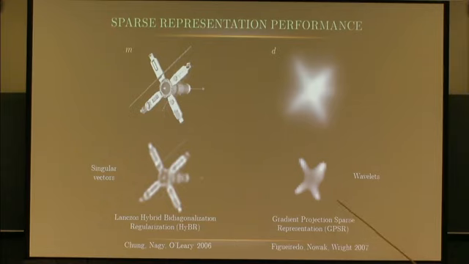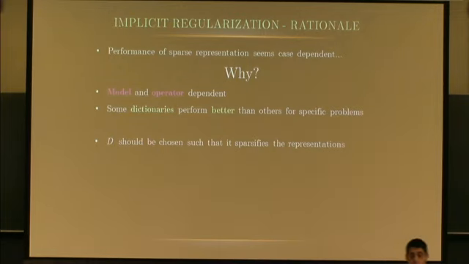You get this recovery, which I would hopefully have agreement that it's not as good, right? So if we ask ourselves what's really going on here, we can see that the performance of sparse representation is case dependent, and it depends on the model space that you consider. And in most situations, you cannot really control that.